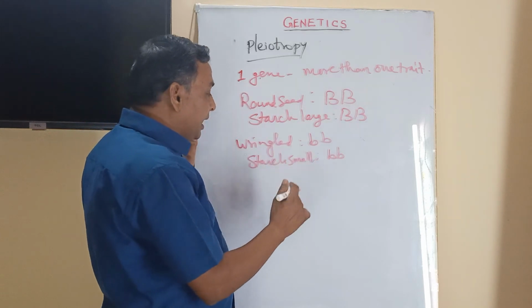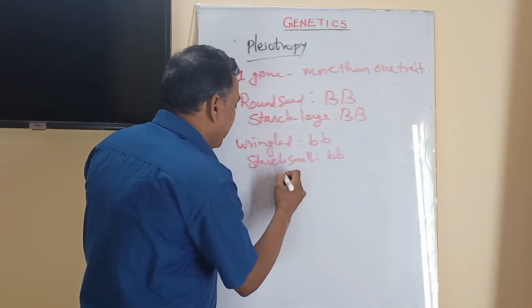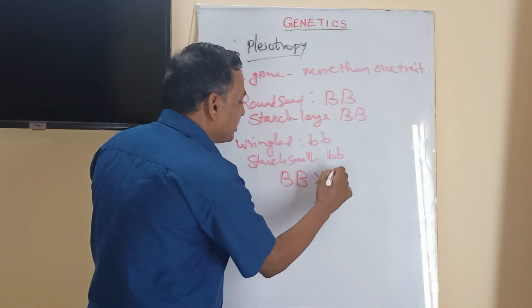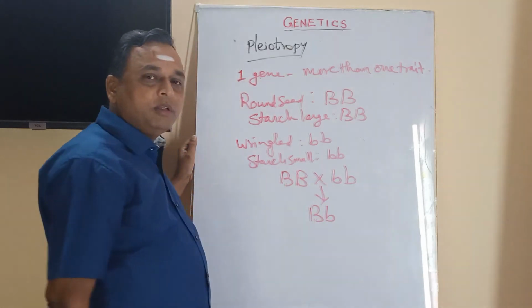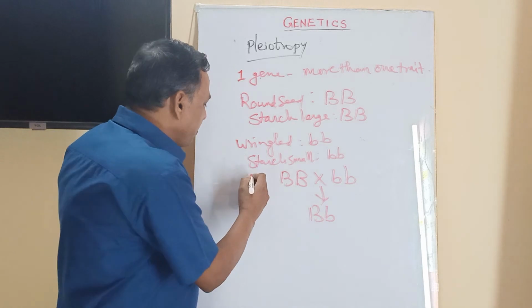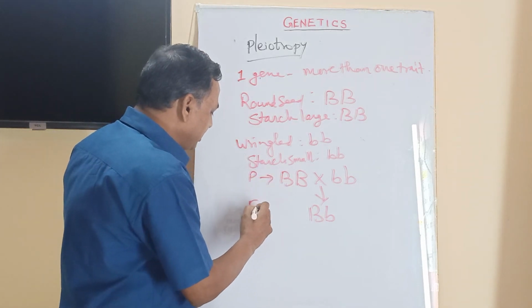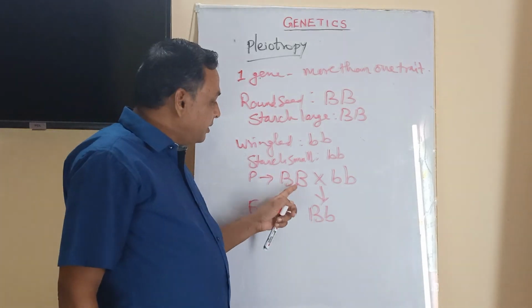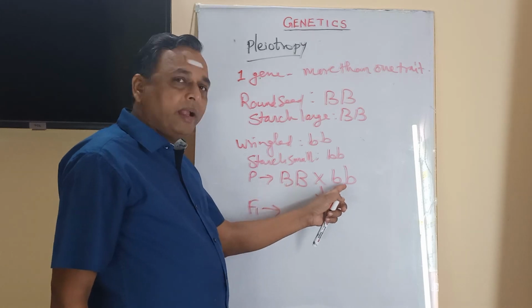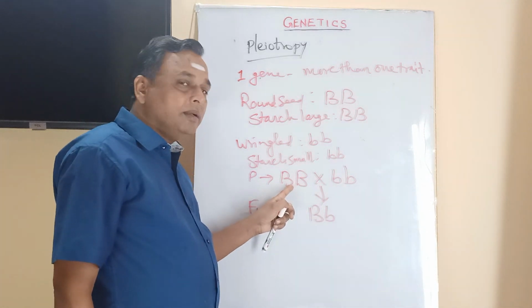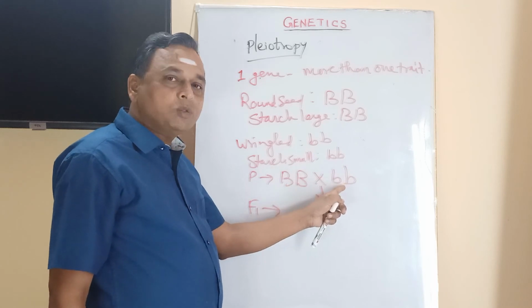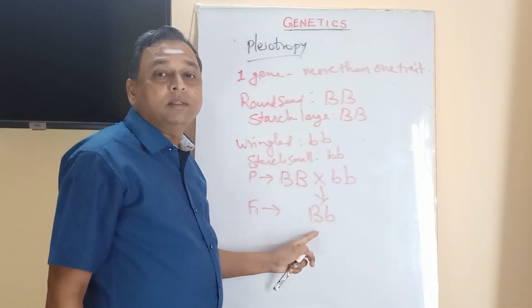But the same thing, if capital B is crossed with small b, what will be the F1? Capital B, small b. This is the parent, this is F1, this is round, wrinkled, round. But starch grain, larger size, smaller size, intermediate.